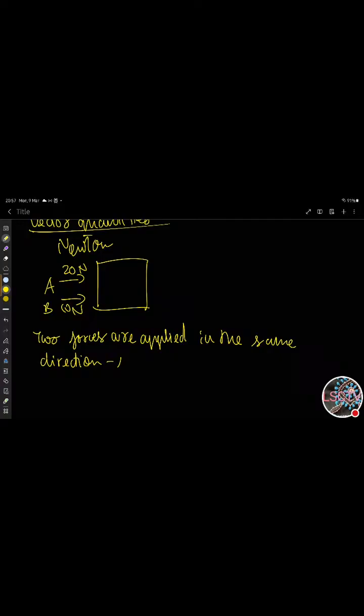What do they do? They add up. Simple, easy. They add up. So 20 plus 10 is equal to 30 Newton is the total force. Fine. The total force is 30 Newton.